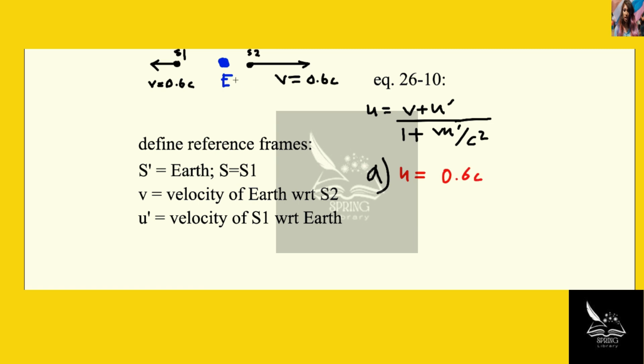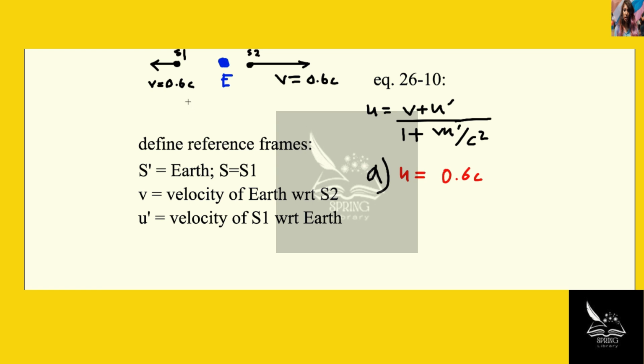This is because from the reference frame of S2, the Earth is moving away from it at 0.6c.